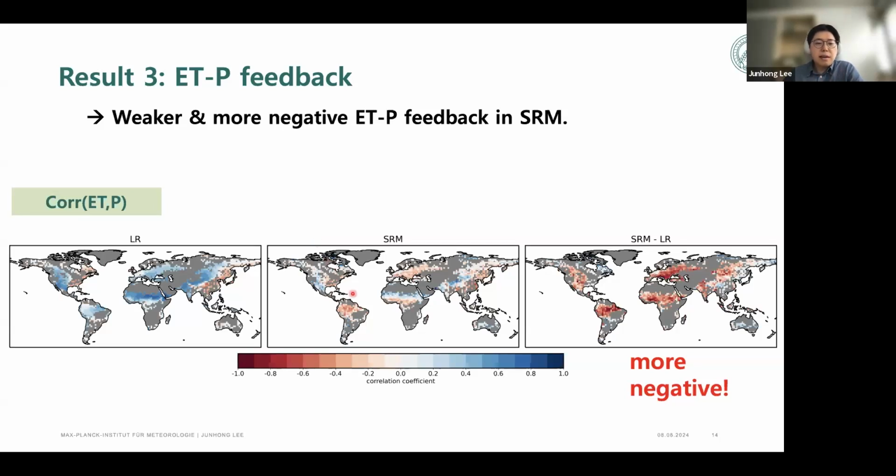I would say negative is now more dominating than positive. And if you look at the difference map, the difference is the biggest we have seen in any of the plots. So yes, more negative ETP feedback in the storm resolving simulation.